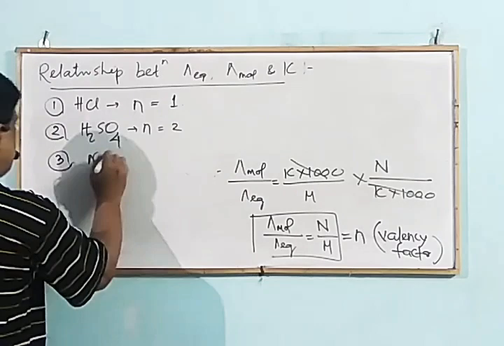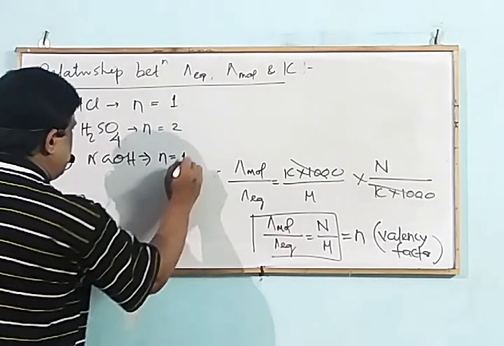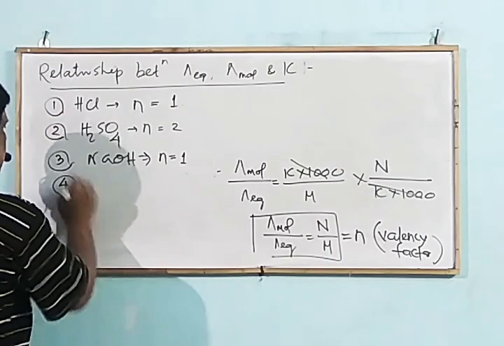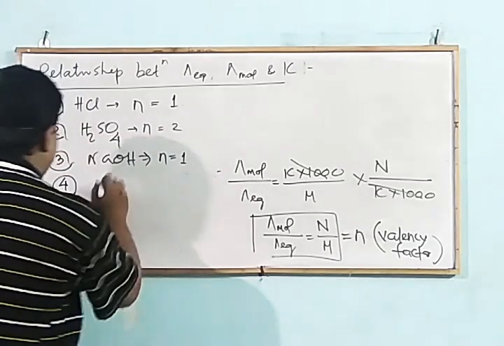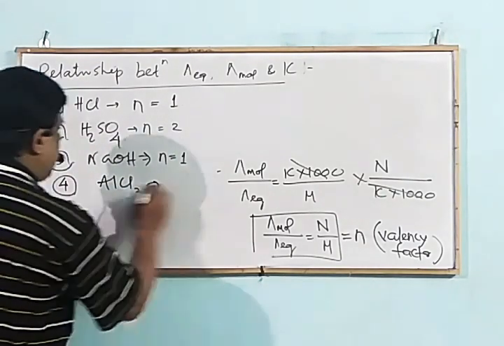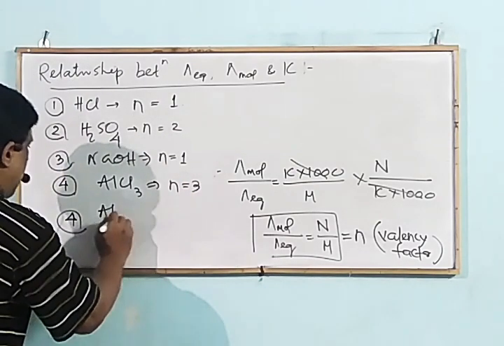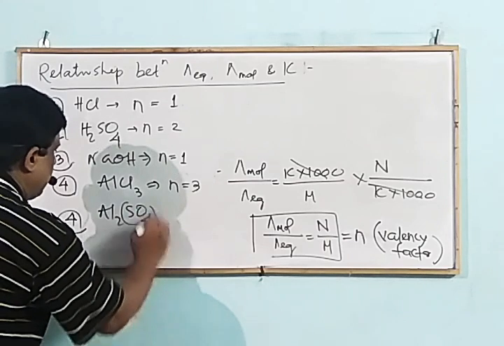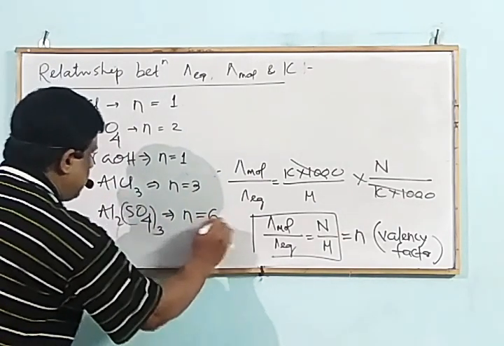For sodium hydroxide, it is a base, its acidity is 1. Mark that. For aluminum chloride, it is a salt, total valence of cation, that is n is equal to 3. Mark that. Another one: for aluminum sulfate, Al2(SO4)3, here also the valency factor is 6.